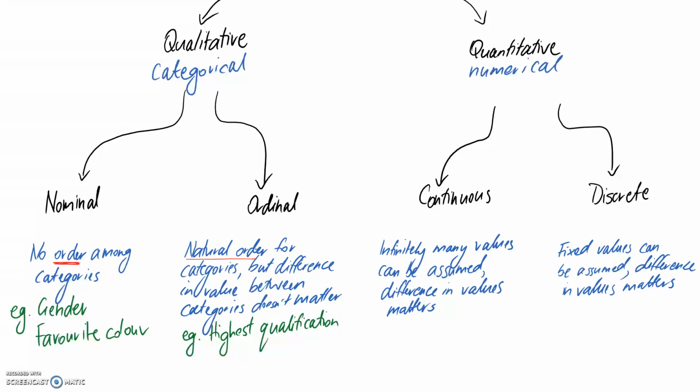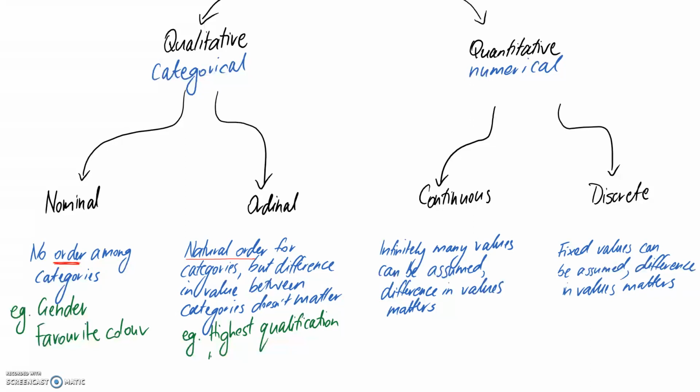But the difference in value doesn't really matter as such. We don't say a PhD is twice as good as a bachelor's degree. That's not really a comparison that you can make with this type of data. So that's why it's ordinal.